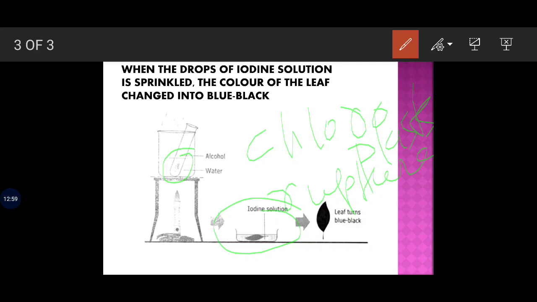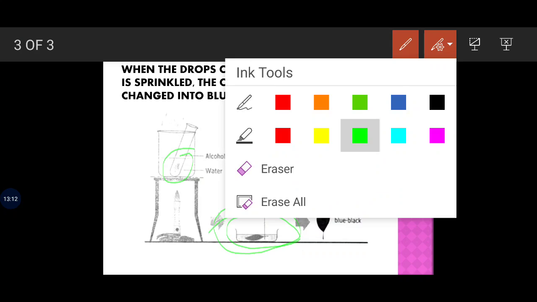So we will take this decolorized leaf into a china dish or a petri plate, and we will put a few drops of iodine.